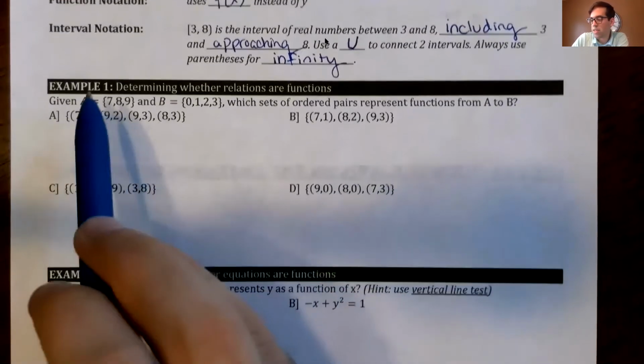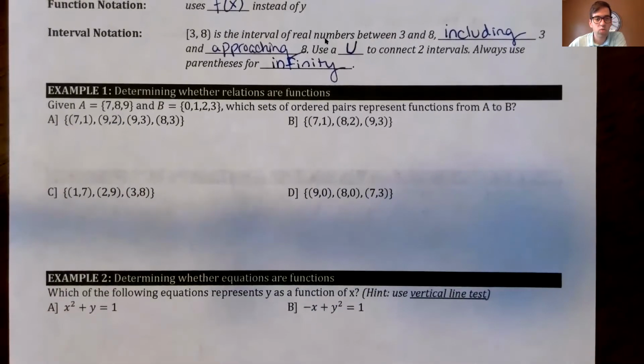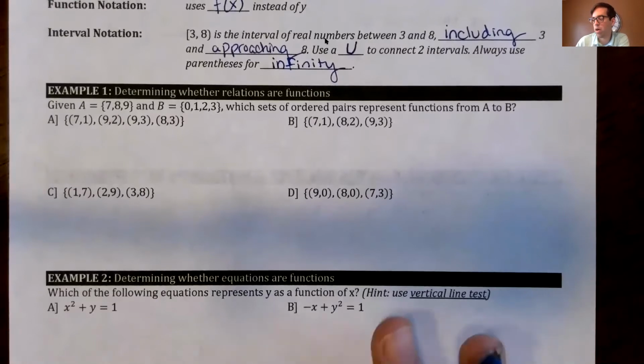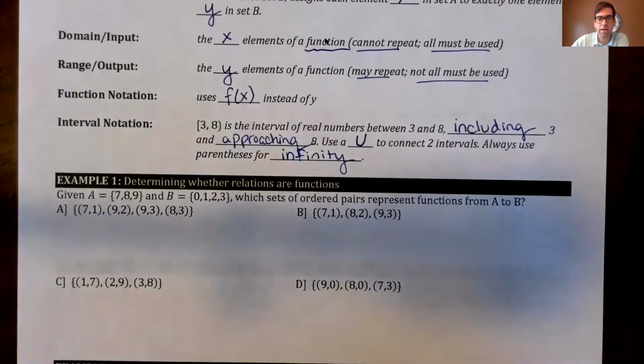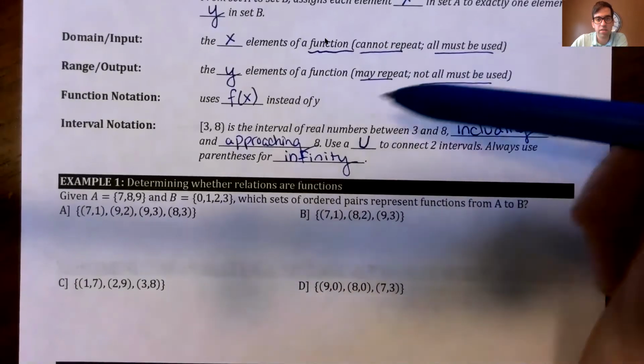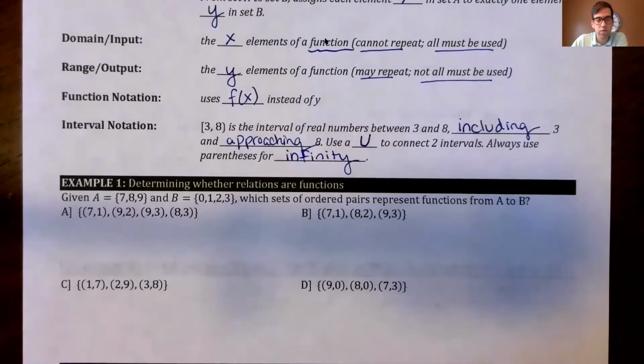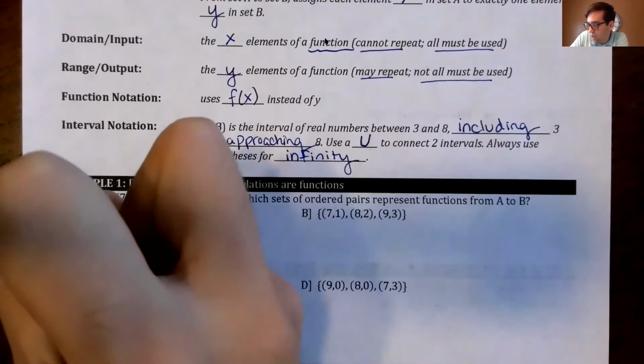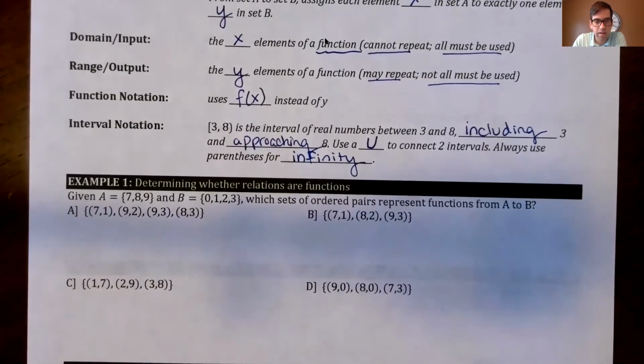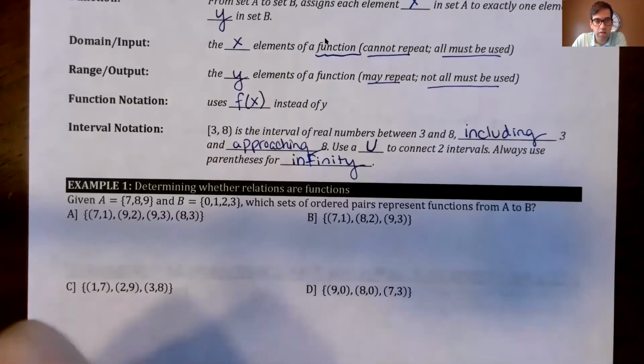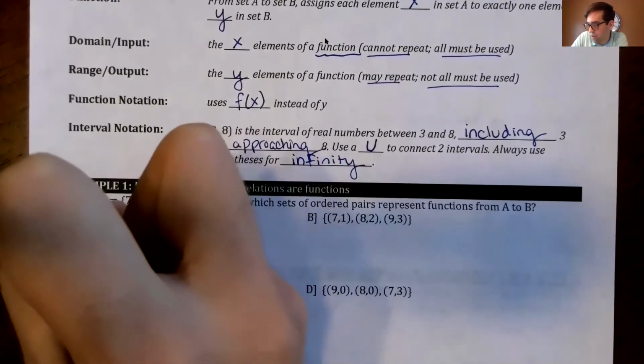Given these two sets, set A and set B, we want to know which sets of ordered pairs represent functions from A to B. And we're going to use our very specific definitions up here that you see in the parentheses. So first off, in letter A, we have sets of ordered pairs as our relations. All of these are relations. We're trying to determine if they're functions.